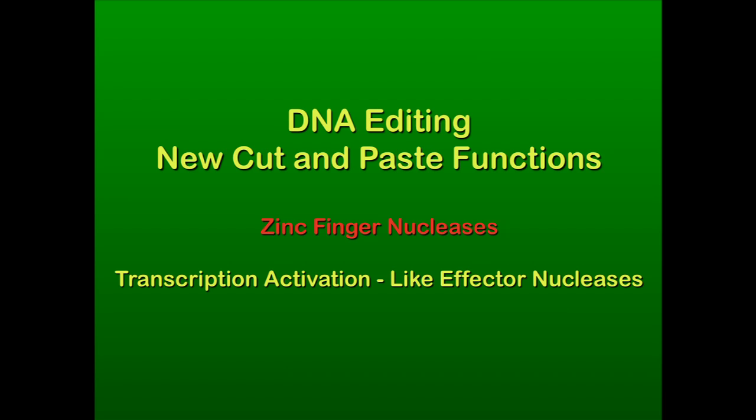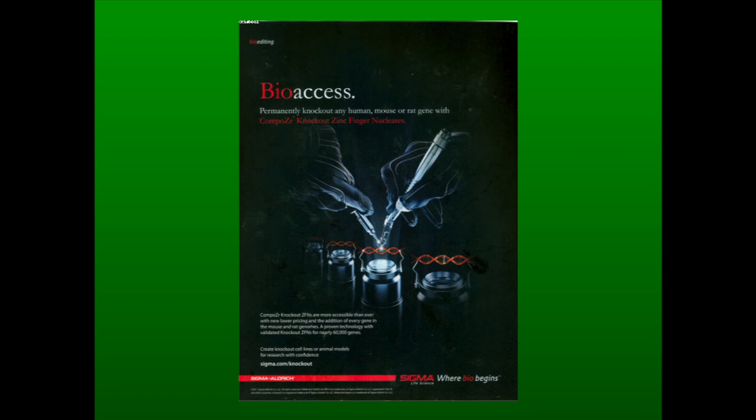So first, zinc finger nucleases. These are now being sold. This ad comes from the back of the journal Science, called BioAccess. It's sold by Sigma, in which you can buy zinc finger nucleases which will target any sequence you send them. You send them a sequence of 9 base pairs, and they'll send you a zinc finger nuclease that'll target that.